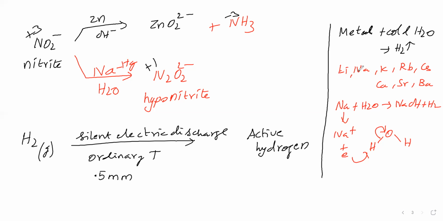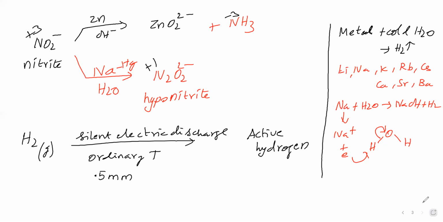Lithium we cannot store in kerosene because it will float, so lithium metal is placed in paraffin wax. Sodium is placed in kerosene because it will react with atmospheric air. So alkali metals and alkaline earth metals, calcium, strontium, barium, on reaction with cold water liberate hydrogen gas.